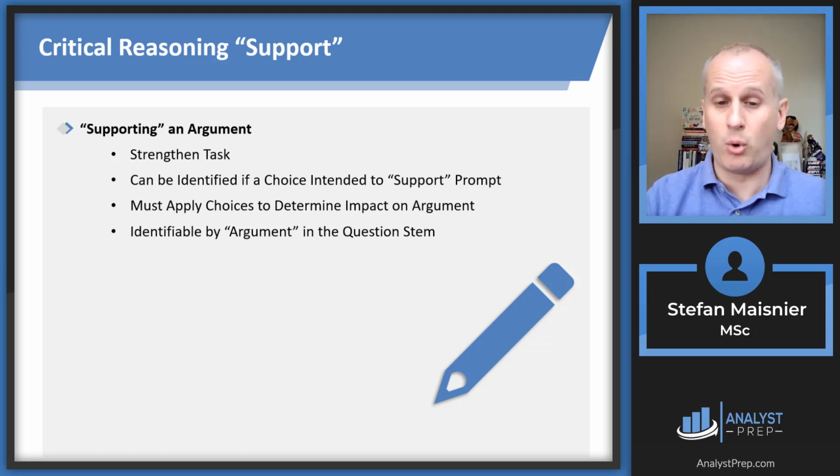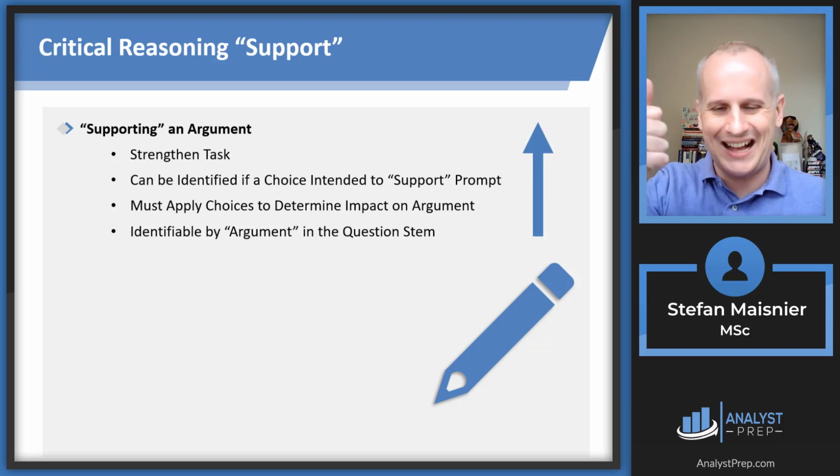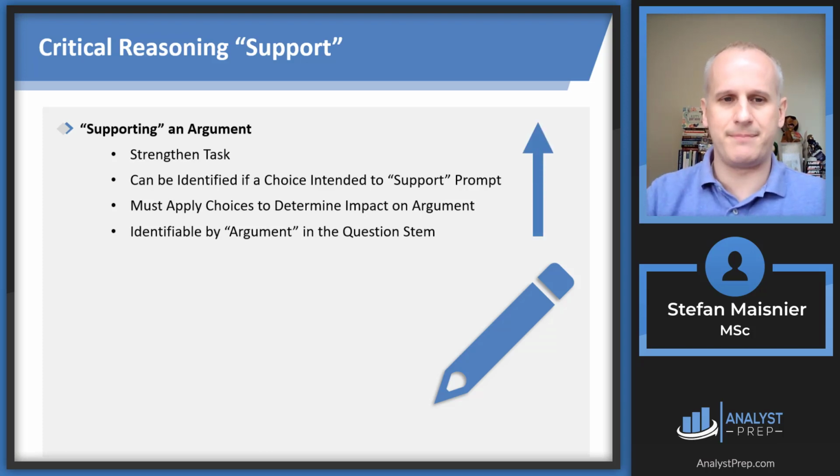So if you're being asked to support an argument, you're actually being asked to apply the choices up to the prompt. And that's the direction that the question will work, is that you've got to take the choices and apply them to the prompt to find the correct answer that supports the conclusion that was presented.